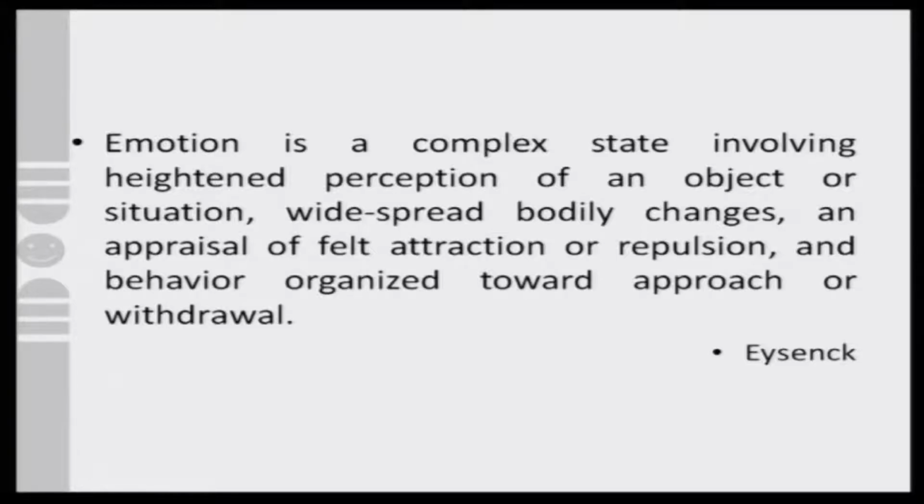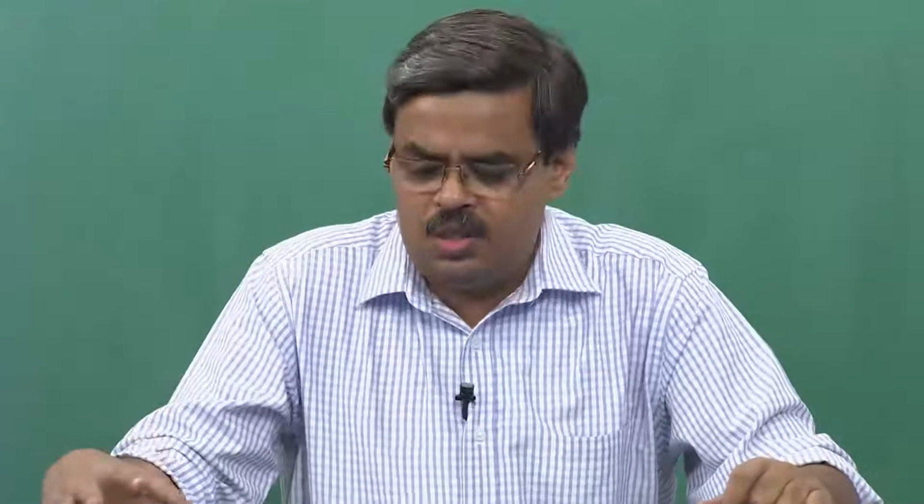So, if you look at this definition, you will come to know the whole variety of things that are associated with emotion. First, it has to do with heightened perception. You perceive an object, you perceive a situation and then you have a heightened degree of perception which leads to a complex state. What is that complex state?